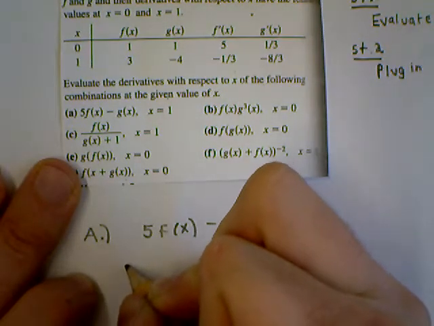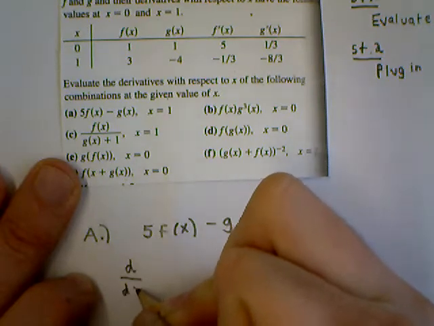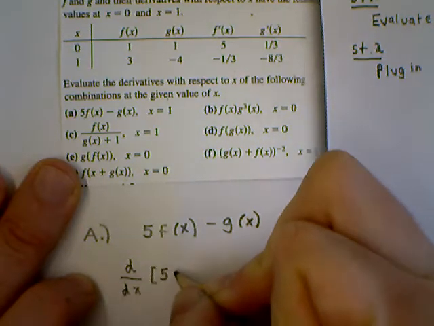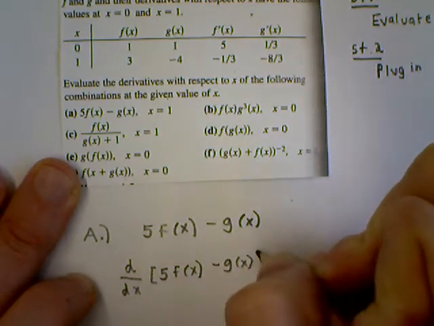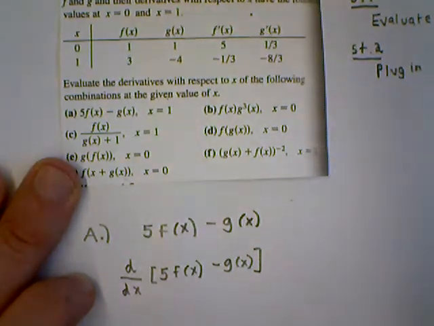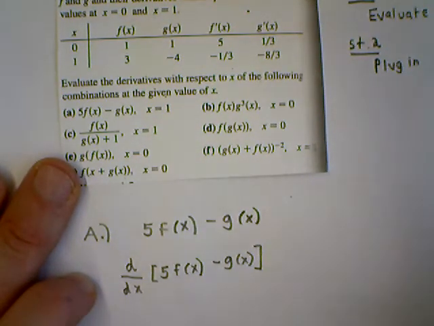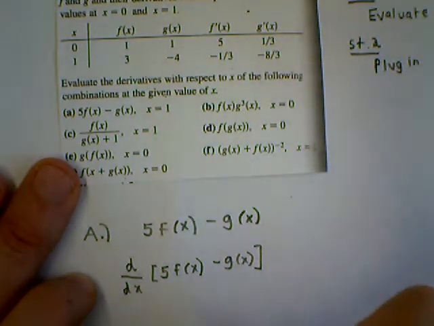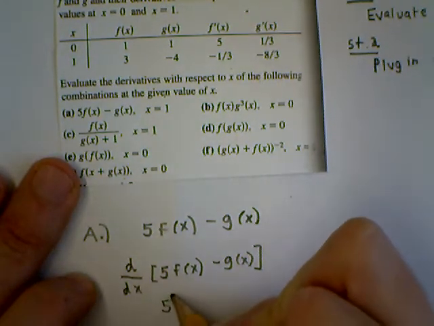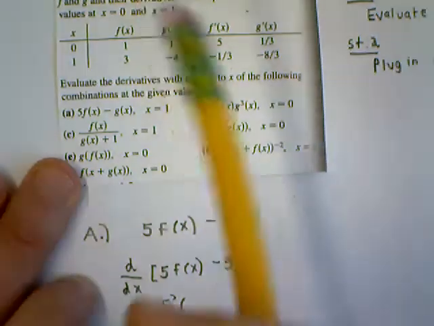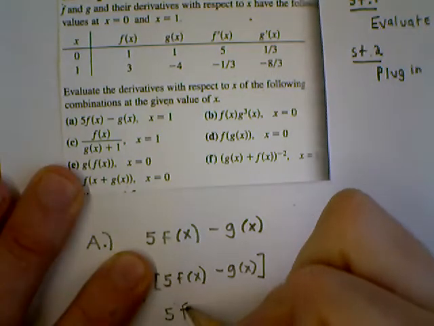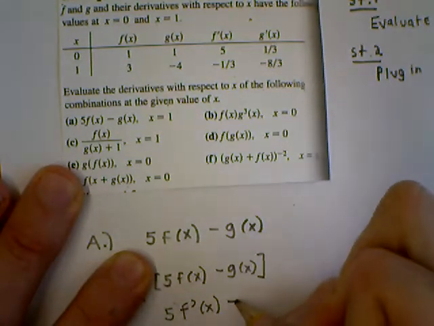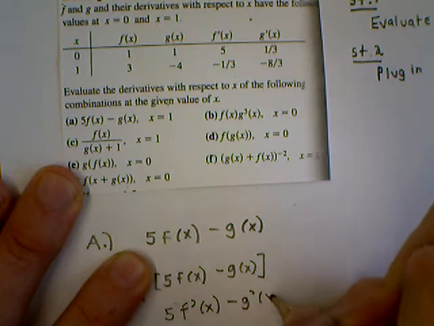We'll take the derivative with respect to x. The first thing I have to do is to check if I have any products or quotients to see if I have to apply the product or quotient rule. I don't have that, so my derivative is 5 times f prime of x minus g prime of x.